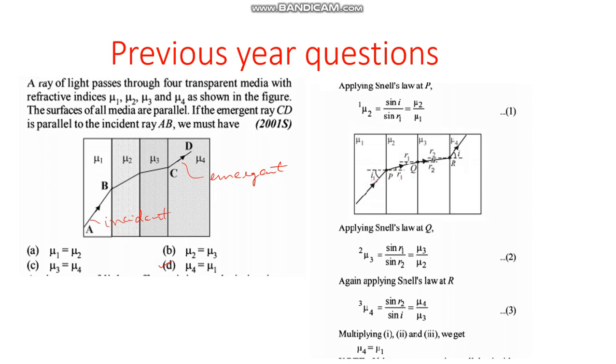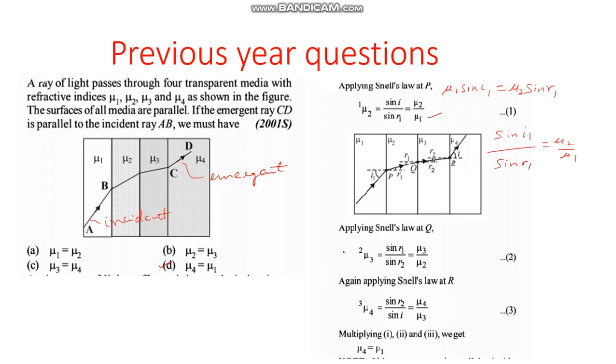In simple language, you can write mu1 into sine I1 is equal to mu2 into sine R1. I'm calling this angle I1, so sine I1 divided by sine R1 is equal to mu2 by mu1.